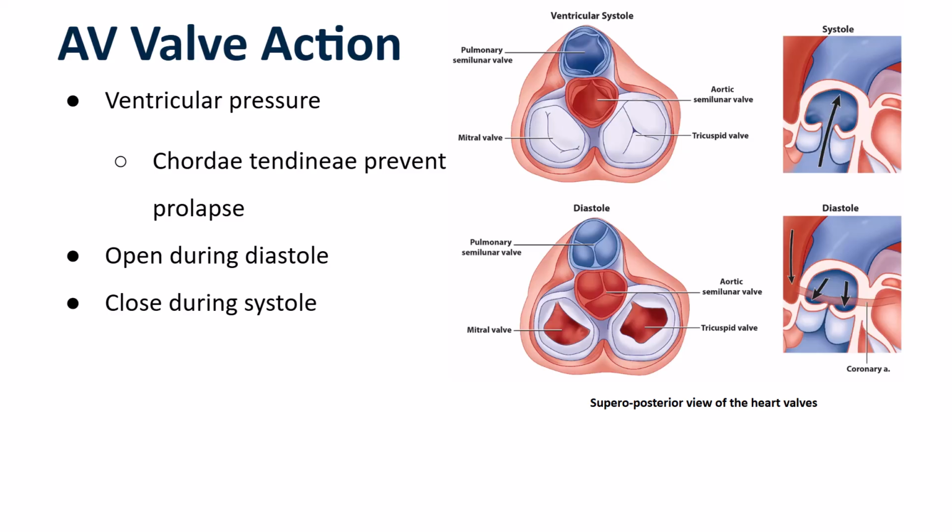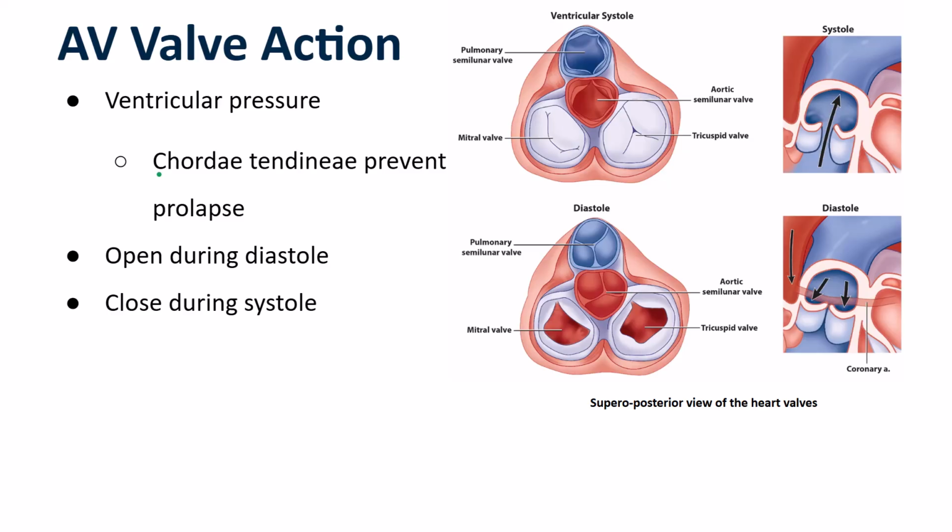Let's look at action of the atrioventricular valves. This is all based on ventricular pressure. When ventricular pressure exceeds pressure in the atria before them, the cusps of the valves are going to catch blood and approximate themselves. A lot of people think that what happens is the papillary muscles contract and that pulls on the chordae tendineae and that closes the cusps, but it's more like a parachute action.